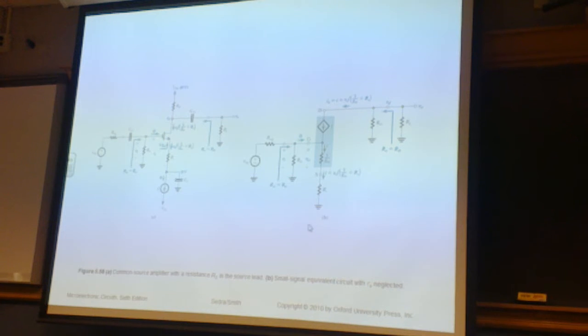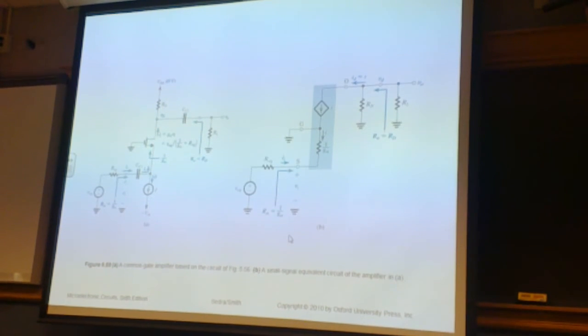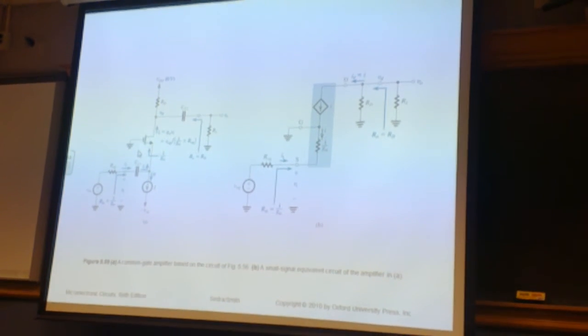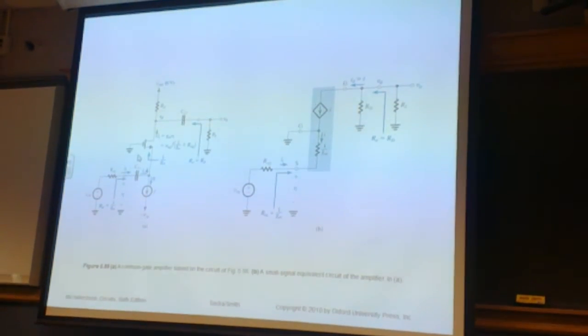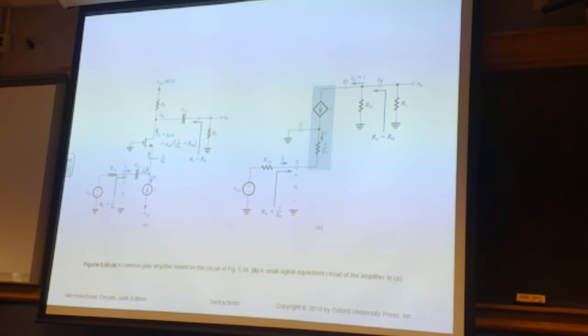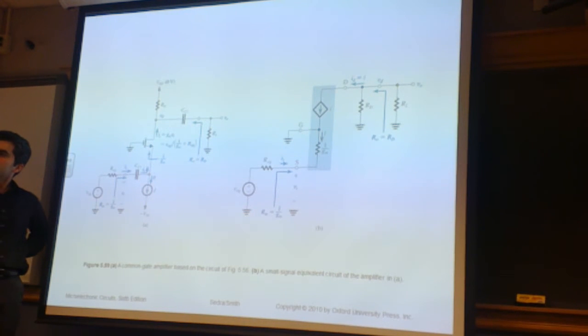So now let's move on and talk about other types of amplifiers. This is a common gate amplifier. Why is that? Because the gate does not have anything to do with the input or output.